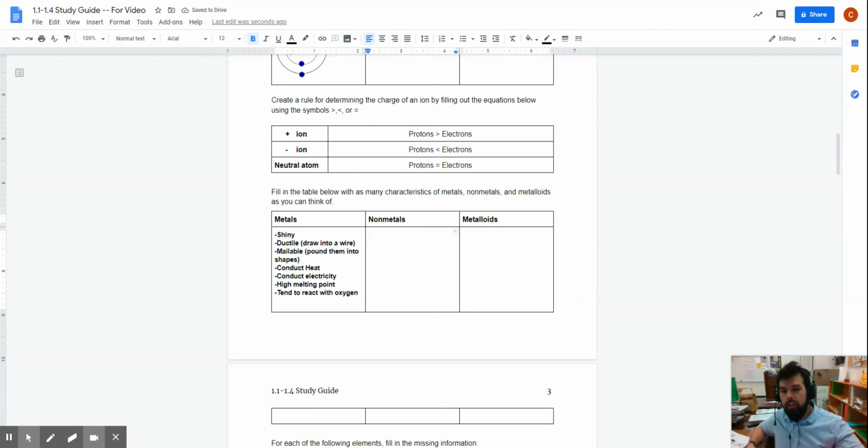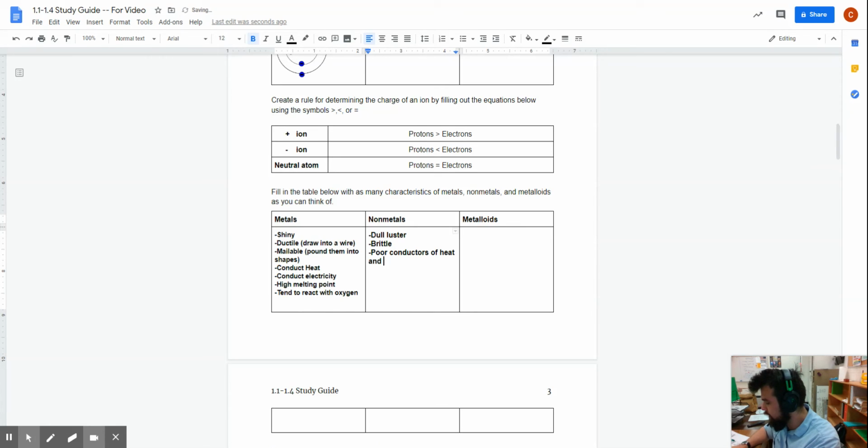So for nonmetals, well, they have a lot of opposite characteristics. They have a dull luster as opposed to shiny. Let me add my little dashes. They are brittle. It's very hard to bend them or pound them into shape. They break instead. They tend to be poor conductors of heat and electricity.